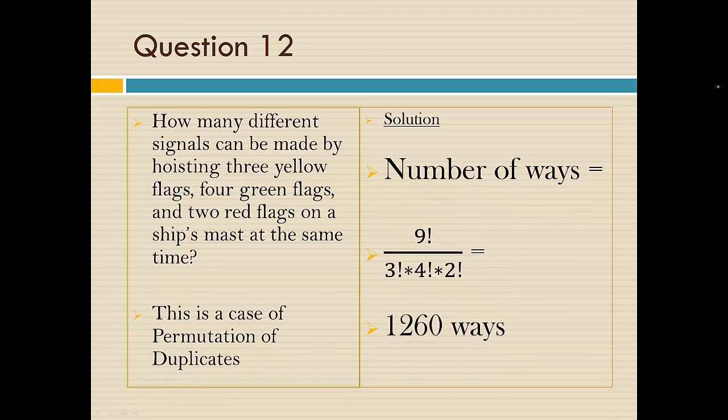So the number of ways will be, you know how many flags, 3 plus 4, 7 plus 2, 9. 9 factorial over the number of duplicates: 3 factorial, 4 factorial, 2 factorial. And when you do that, you now get 1260 ways.